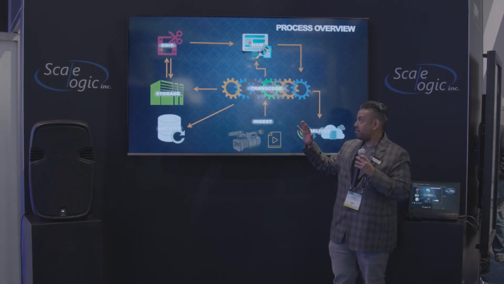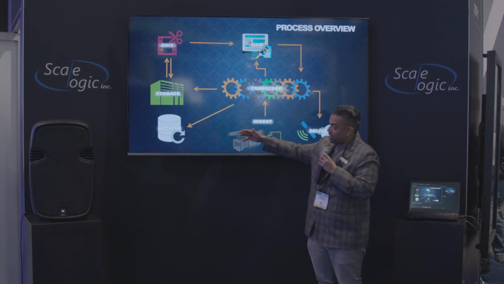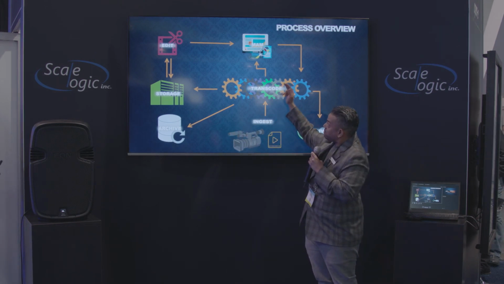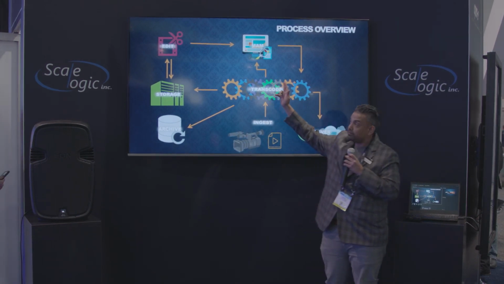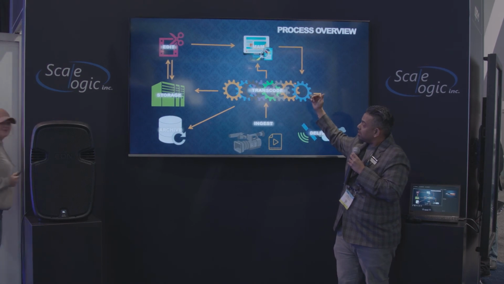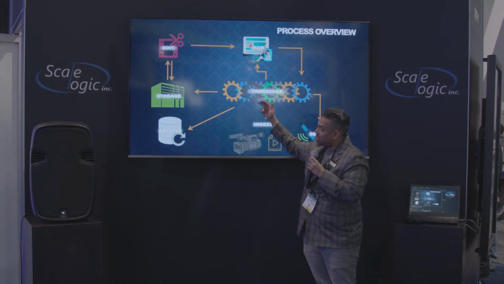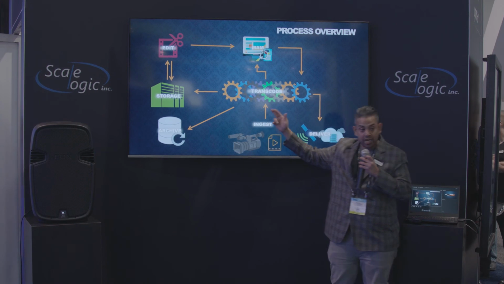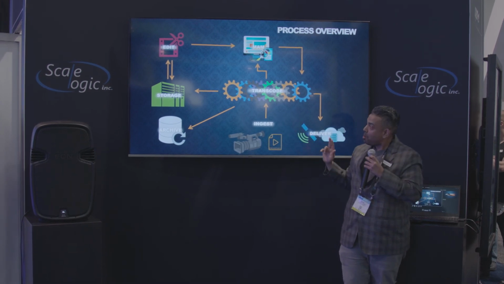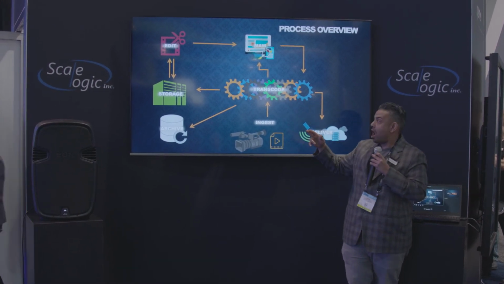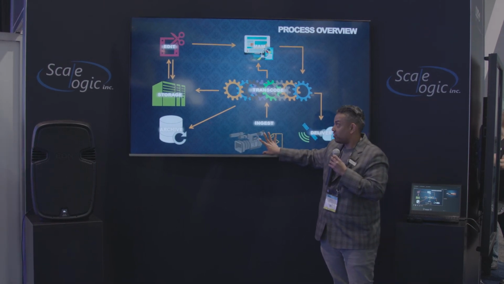Again, these are all steps that everybody has to do. At the same time, send metadata straight to your MAM. Take that transcoded media, send it to your online and offline storage. Push to your edit suites with all the metadata that came directly from here.